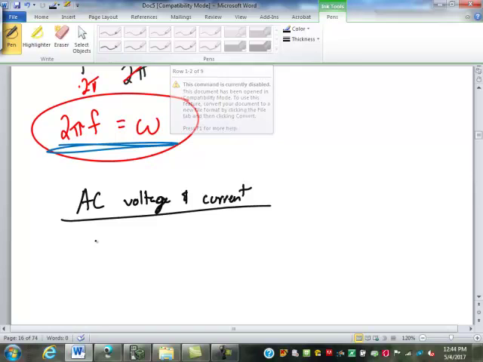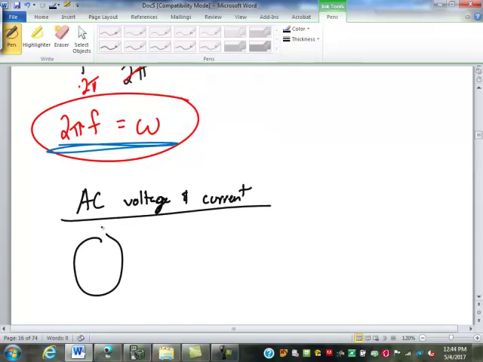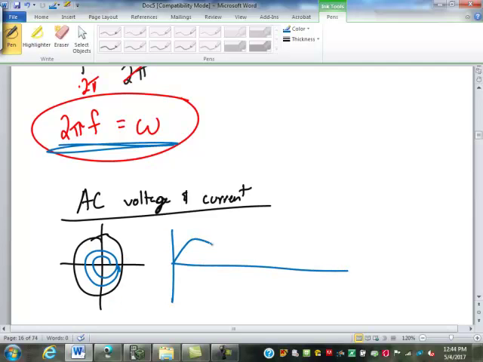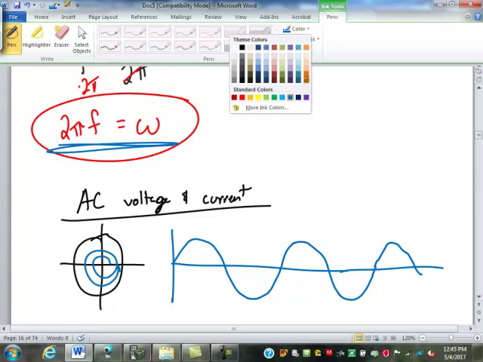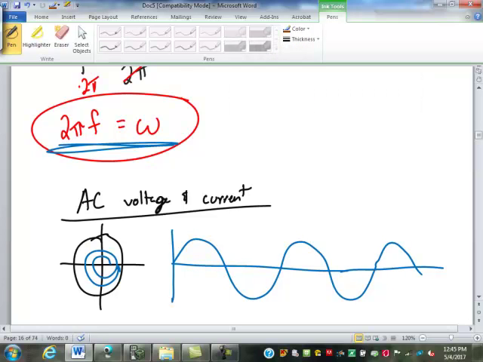Remember, we said that what's really happening there is it is a unit circle, and we are rotating around that unit circle. That's what produces that sine wave. That's why it's cyclic. It keeps going on and repeating over and over because it's going around and around that circle.